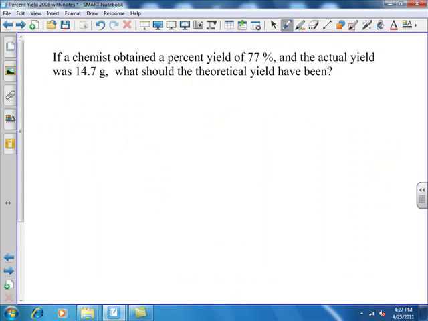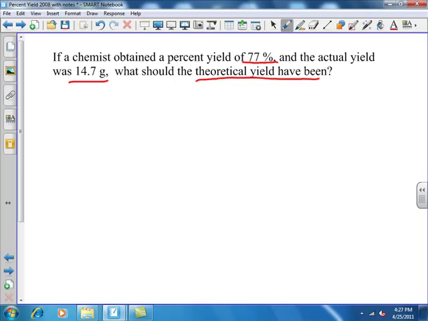Now, one last problem. This is a problem to figure out, if I'm given a percent yield, how can I find out what the theoretical yield should have been? And this is a lot of just algebra. Here a chemist obtained a percent yield of 77%, and the actual yield we knew was 14.7 grams.